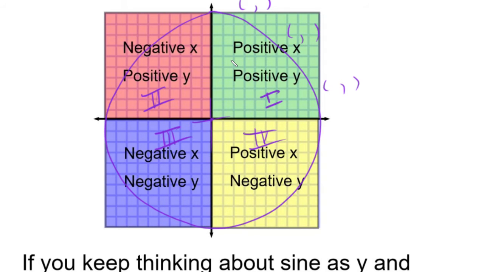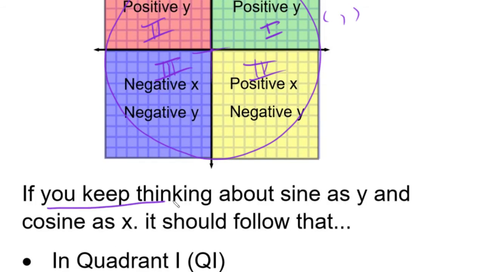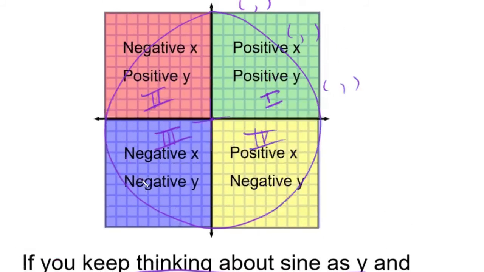Now, this is where, if you keep thinking about sine as y and cosine as x, it should follow that every quadrant where x is positive, cosine would also be positive. If cosine of an angle is talking about it's like x, right?